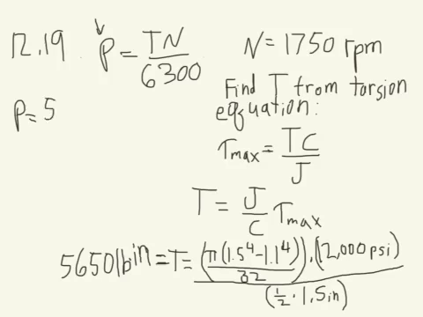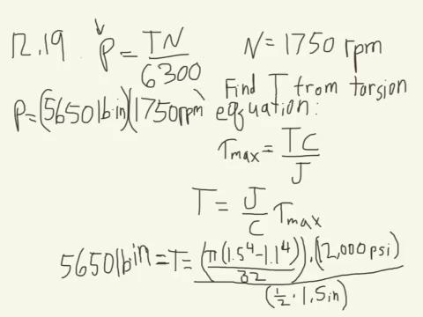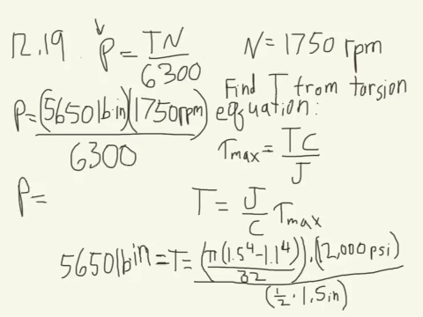We've got power equals 5,650 pound inches times the rotational velocity, or angular velocity, that was given, divided by 6,300. And when we use either one of those two equations for power, the answer is always in the units of horsepower. And that answer here is 157.